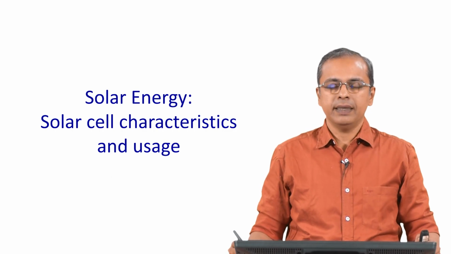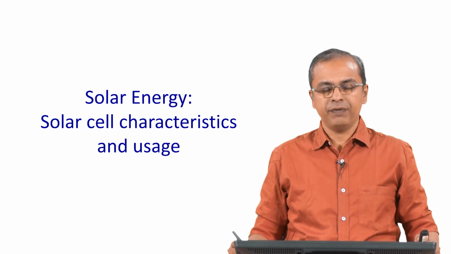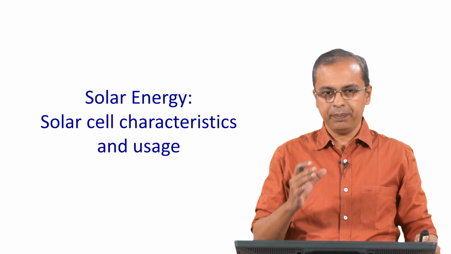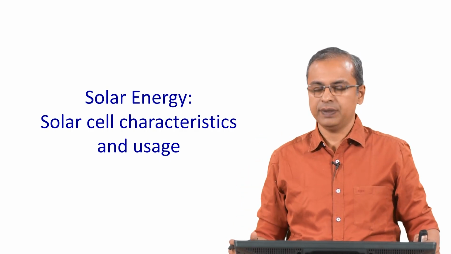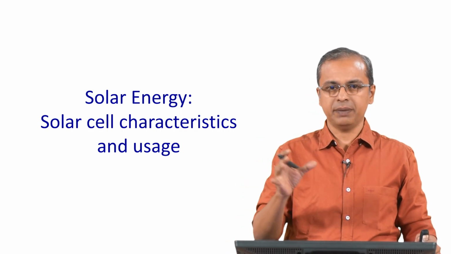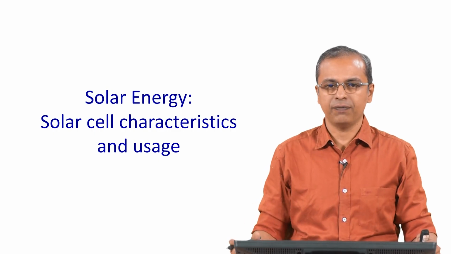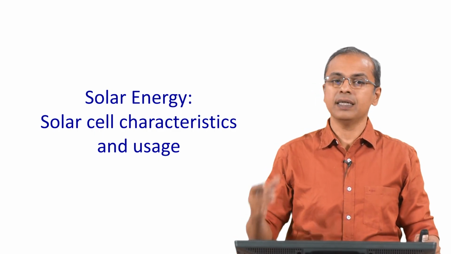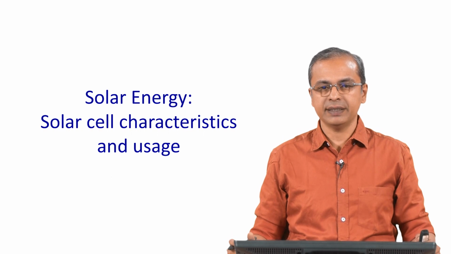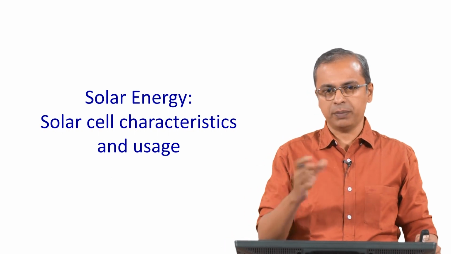Hello. In the last class, we looked at how the PN junction interacts with incoming radiation. So, we have a PN junction based solar cell, which is our typical photovoltaic solar cell, and then you have incoming radiation. We looked at what happens across the boundary.